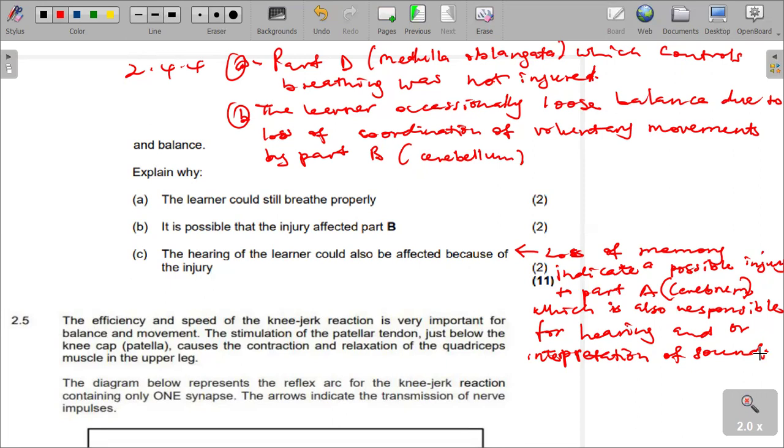It is because loss of memory indicates possible injury to part A, the cerebrum, which is also responsible for hearing and interpretation of sound. That is why the learner can also have a problem of hearing.